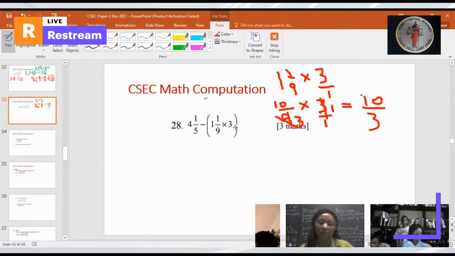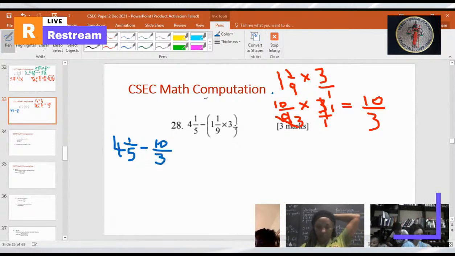Okay, Miss, then we're going to work what's outside of the bracket, 4 and 1 over 5 minus 10 over 3. We're going to find the LCM of 5 and 3, which is 15.